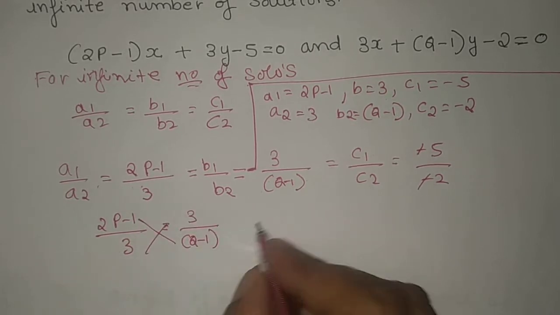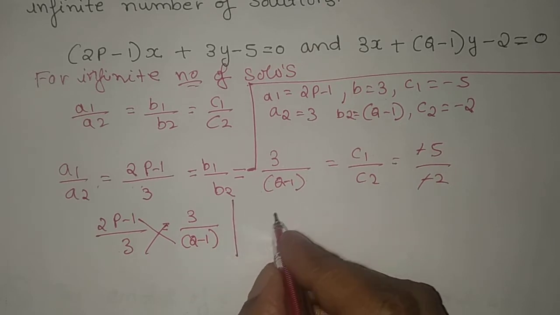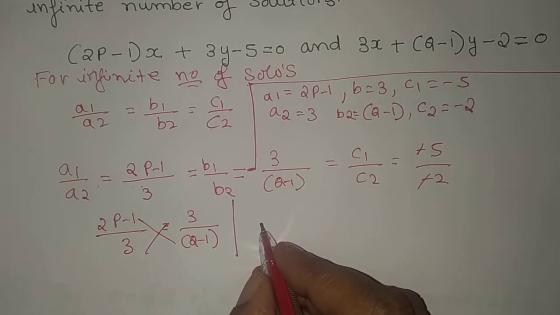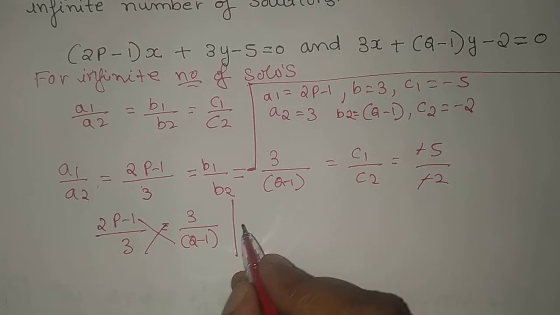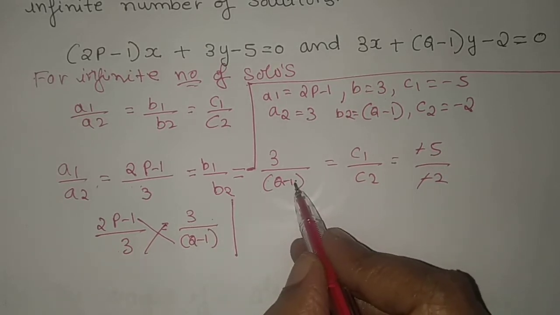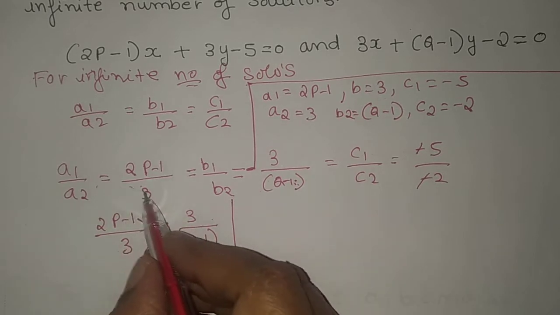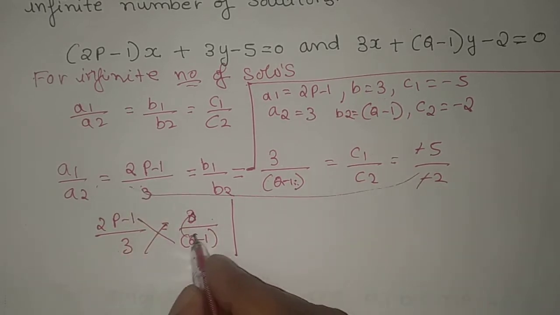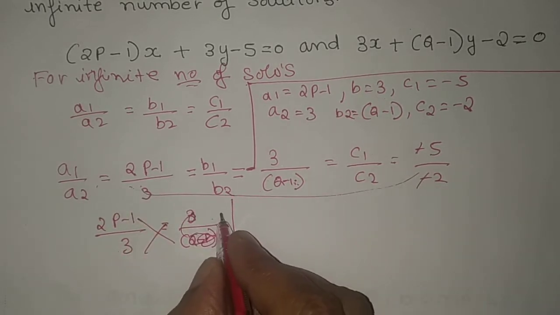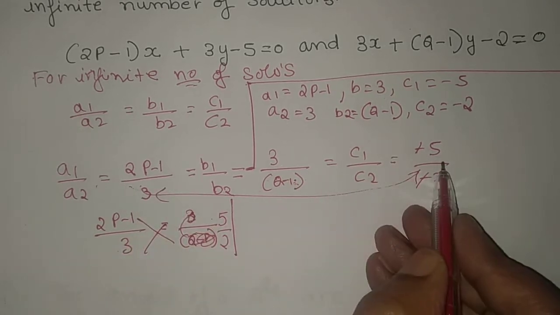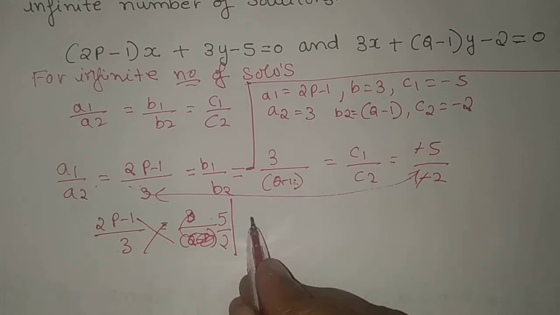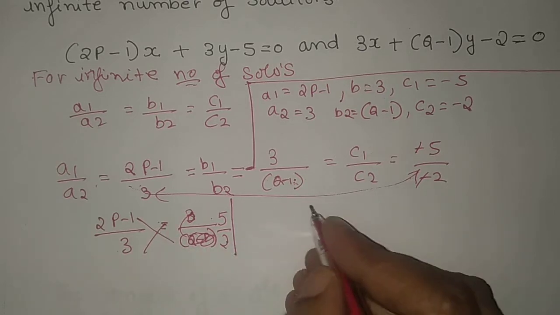Cross multiply. I have made a mistake here, it should be 5 by 2. Since two variables are there, we have to take the one which does not have the variable, so this one, and then cross multiply.